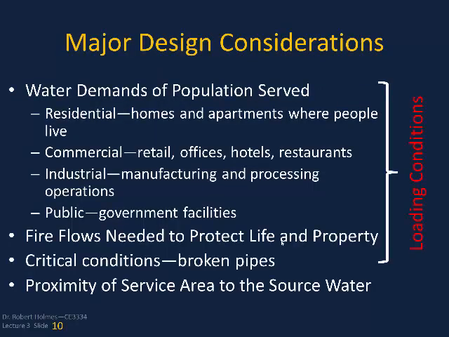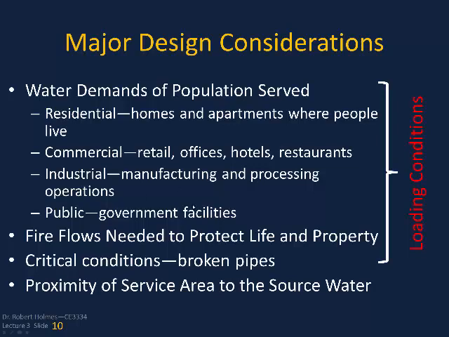So as we look at our major design considerations, we've got water demands based on the population served, and we break that out into residential, which are homes and apartments; commercial, that's retail, offices, hotels, restaurants; industrial, that's manufacturing and processing operations, and in some cases that can be the largest user in your system, because if you've got a manufacturing process that's heavily water dependent, that could consume quite a bit of your daily loading for your water flow.